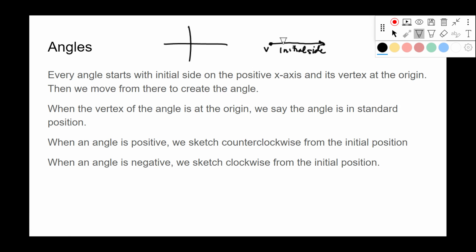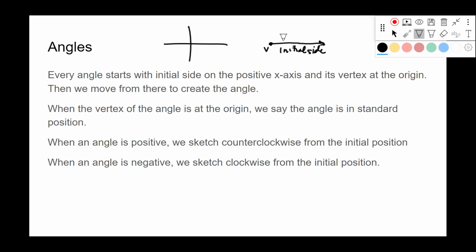So from here, we can move this way, but keep in mind, you technically could also move that way, right? We can move either direction. And in math, we have a way to distinguish between those two, okay? If an angle is positive, we sketch counterclockwise from the initial position.